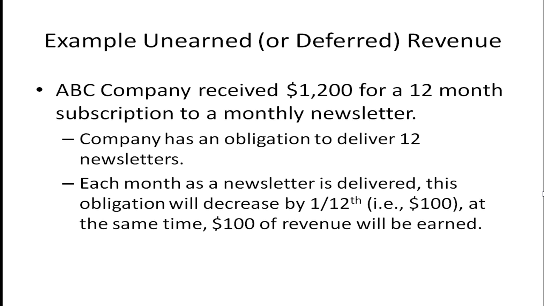And at the same time, $100 of revenue will be earned. So they're not going to recognize that they've earned anything yet when they first create the subscription. They're going to set up this unearned revenue account, and then as they deliver each newsletter, they will recognize that proportionate share of the unearned revenue.